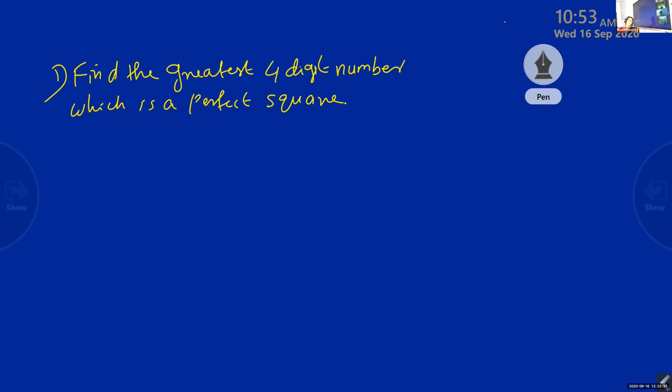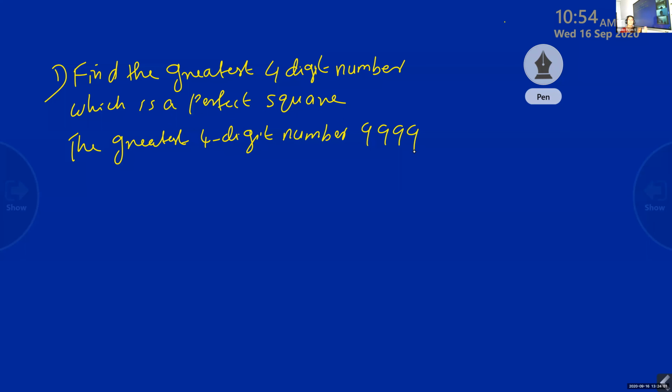Which one is the greatest four-digit number? The greatest four-digit number is 9,999. The question is, find the greatest four-digit number which is a perfect square.